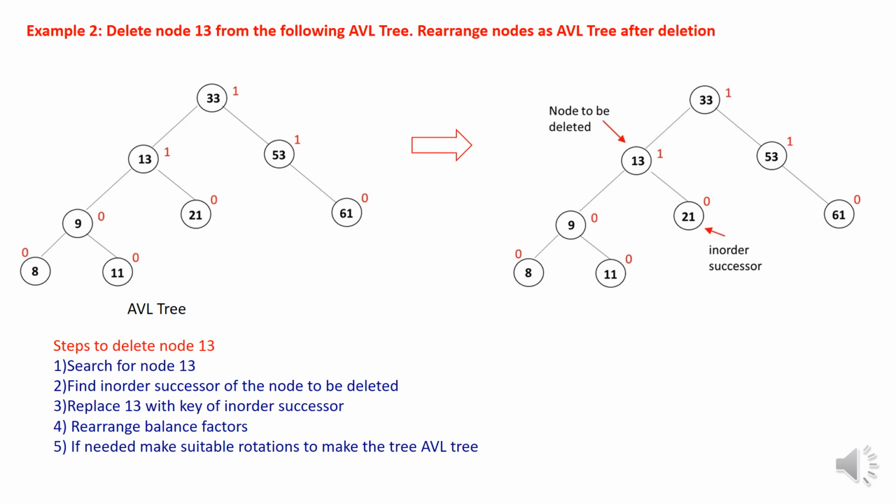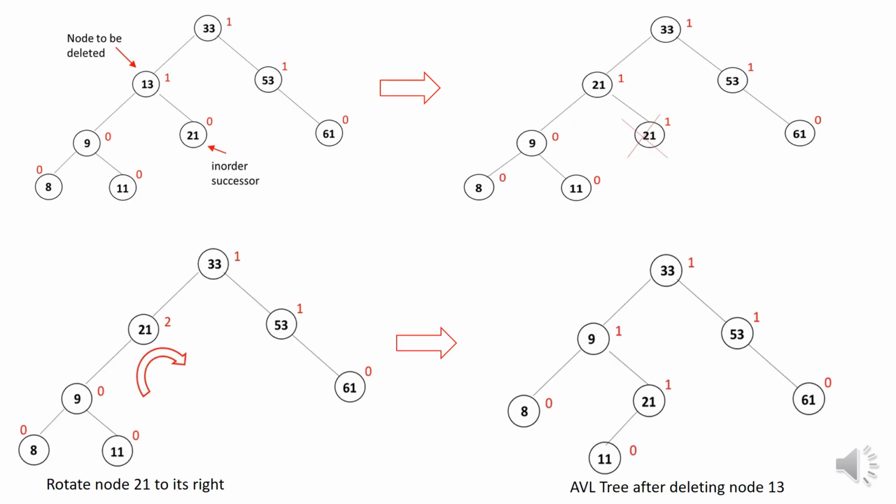Let me explain in the next slide. We are trying to delete node 13. First we locate node 13. After locating node 13, we check whether it is a leaf node, has only one child, or has two children. Here 13 has both left and right children.